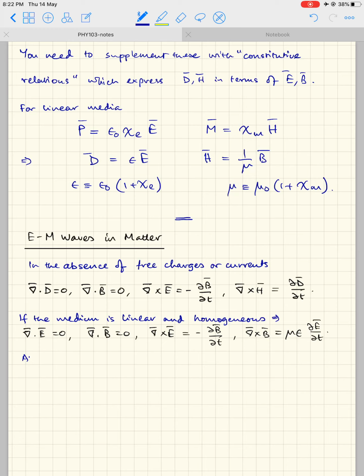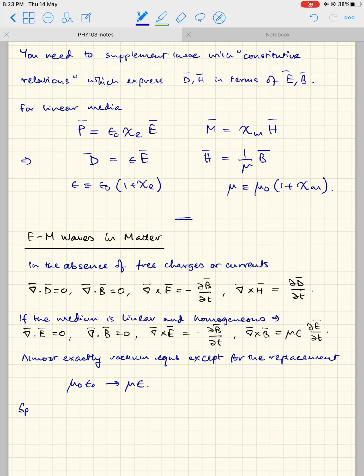except for the replacement of mu naught epsilon naught by mu epsilon. Okay, so what is going to happen is that the speed of propagation of the electromagnetic waves through linear media will actually change.